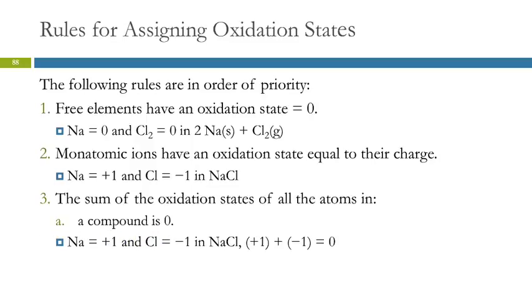So the oxidation states of everything in a compound is going to add up to the overall charge on the compound, which is 0. So we see that in sodium chloride, we have sodium with a +1 oxidation state, chloride with a -1 oxidation state. Those two numbers add up to 0. Do you see how the oxidation states behave a lot like ionic charges? That's why they're easy to confuse. It also makes them easier to remember how you assign the rules, because so far it's just the same as charges.